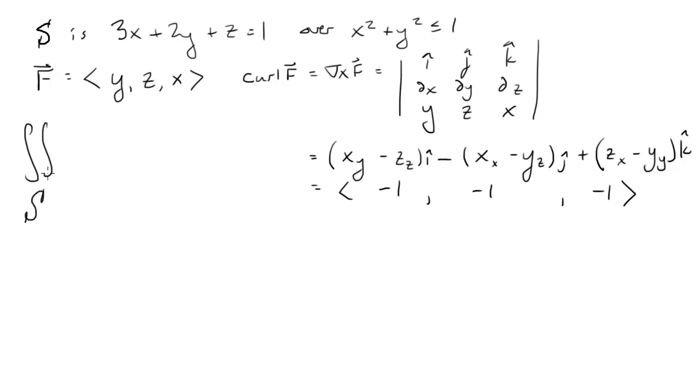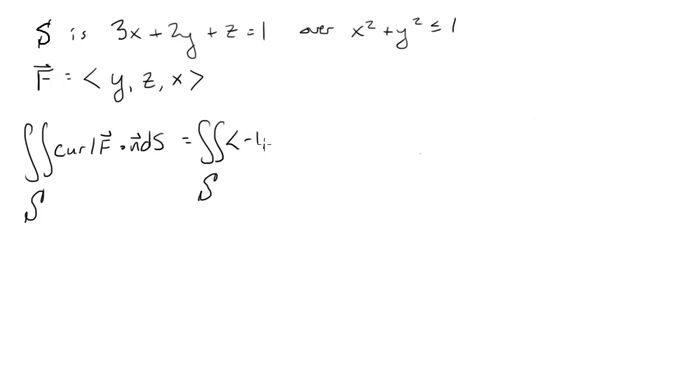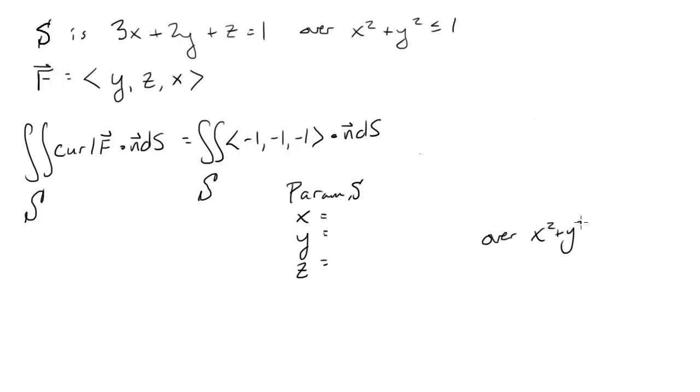So my surface integral, curl F dot n dS, minus 1 dot n dS. Parameterize my surface. The domain is over the unit disk, so the natural parameters are x and y.